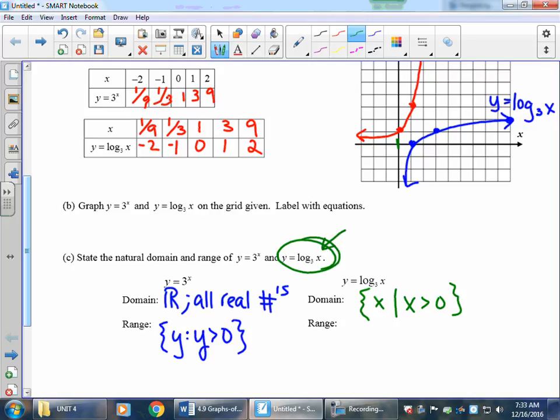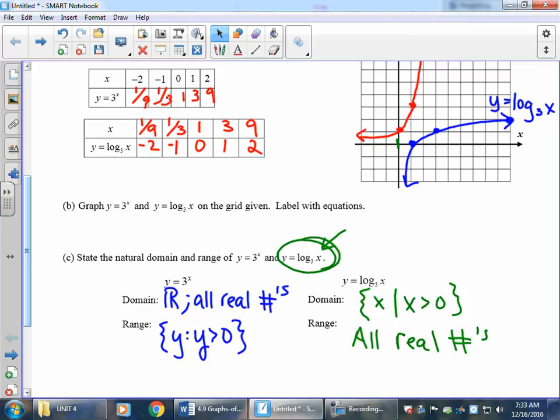It just is not defined. All right, so the range here is going to be, again, all real numbers, because there's no limit on your upper bound and there's no limit on your lower bound. Okay, so write down what you need to there and meet me at exercise 2.